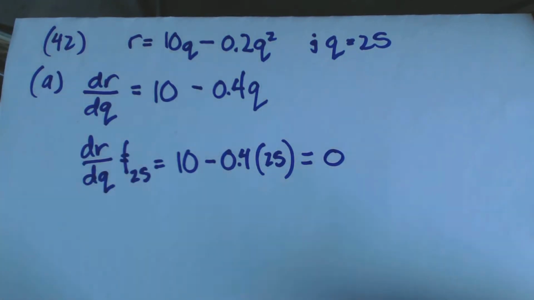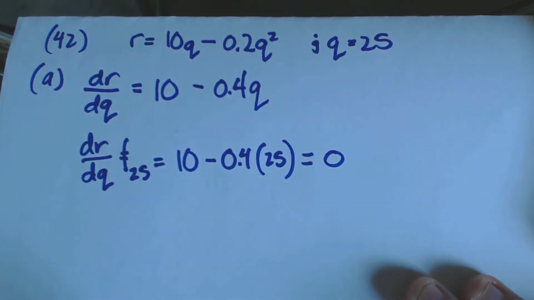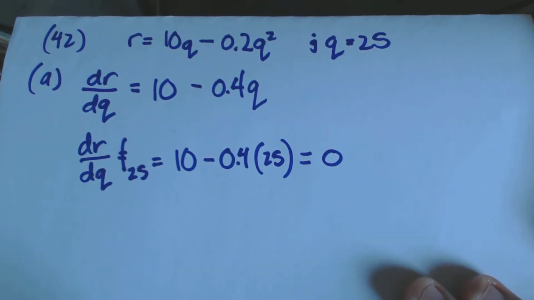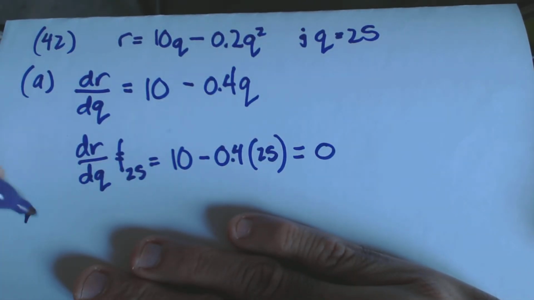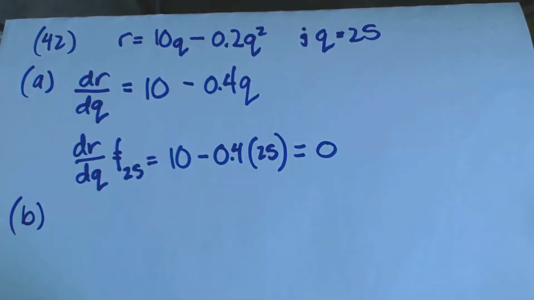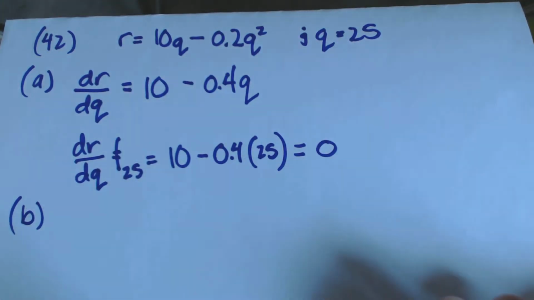So the marginal revenue for producing one more unit of output at the output level of 25 units is going to be 0. So there's no revenue to be gained by producing that 26th unit.